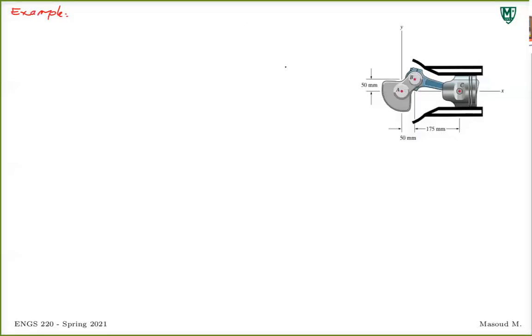Okay, example. Say we have this piston moving back and forth inside the cylinder.